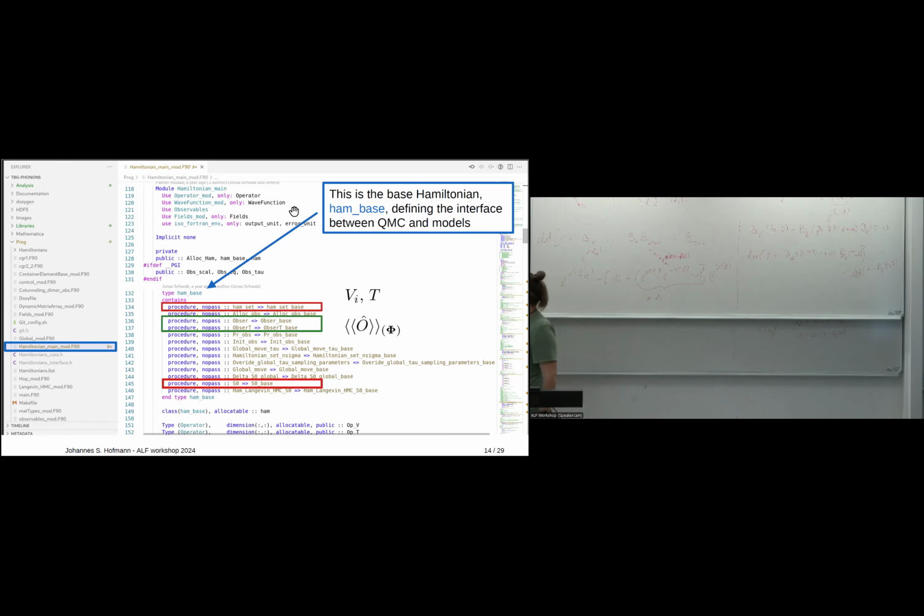There is also this function S naught, which will define the dynamics of the bosonic degrees of freedom if you go beyond just quartic fermion interactions with auxiliary fields. And there will be two functions for observables, obser and obser T, for equal time and time displaced Green's functions.